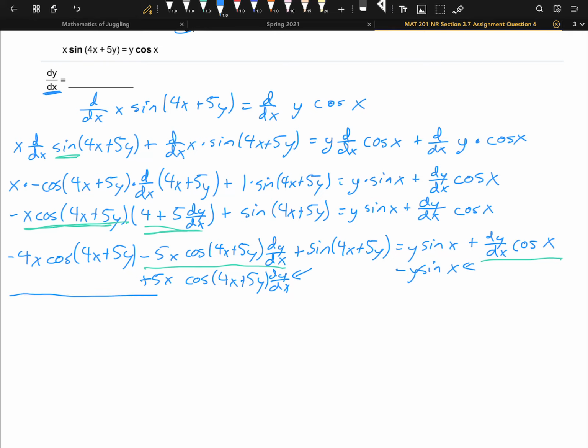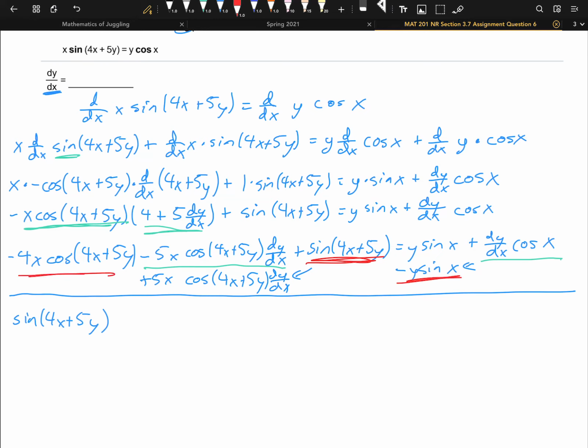So on the left-hand side, if we reorder the terms so that we get a positive term first, what we'll have is sine of 4x plus 5y. I decided to write this term down first because it was positive, and then I'm going to subtract the other two terms: y sine x and negative 4x cosine of 4x plus 5y.